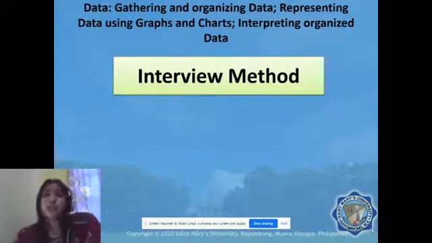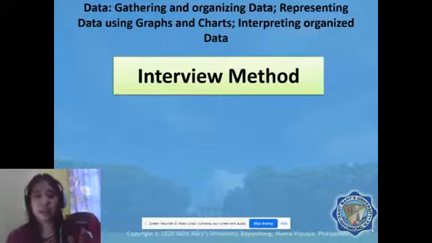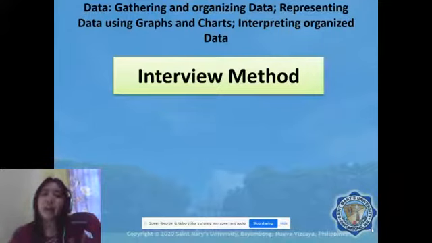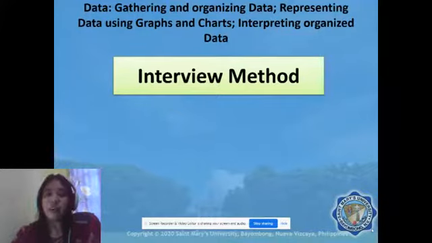It is also considered expensive in a way that you have to transcribe all the conversation, and if you consider a very large sample size, it would be difficult for you to transcribe the conversation between you and your respondents. So again, just to highlight, we use the interview method if we have very few questions to ask, and also if we will only consider less than 30 respondents.